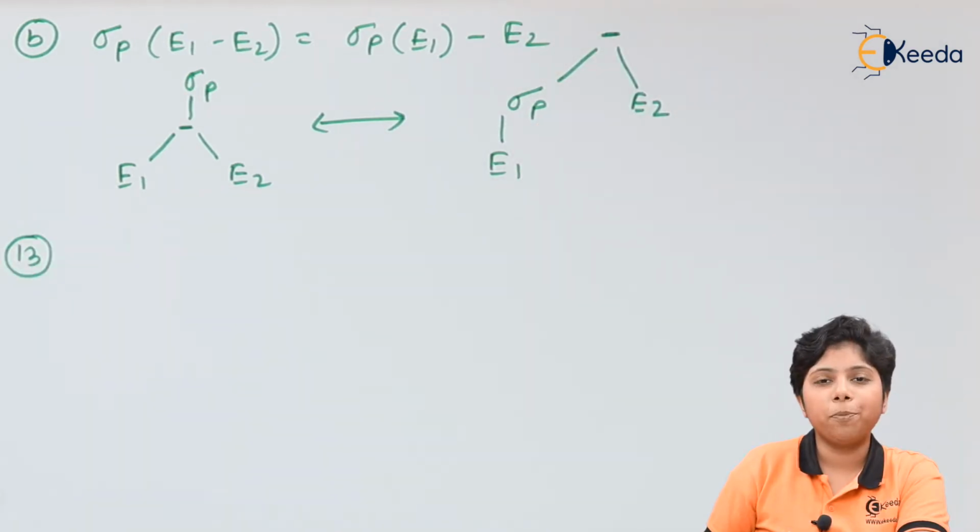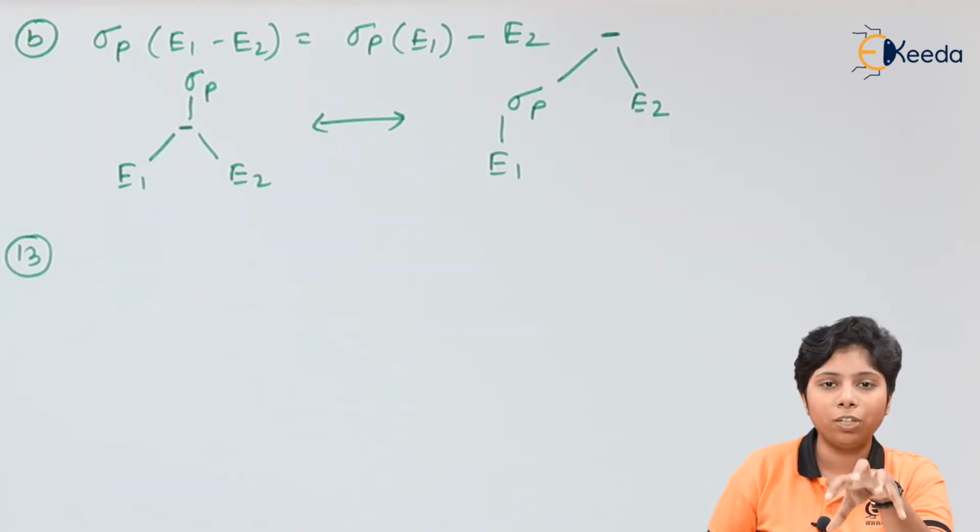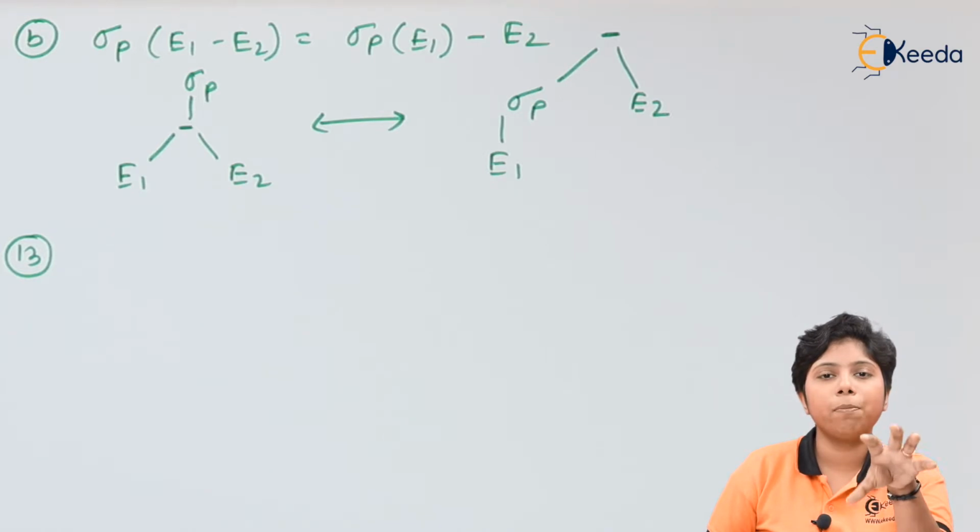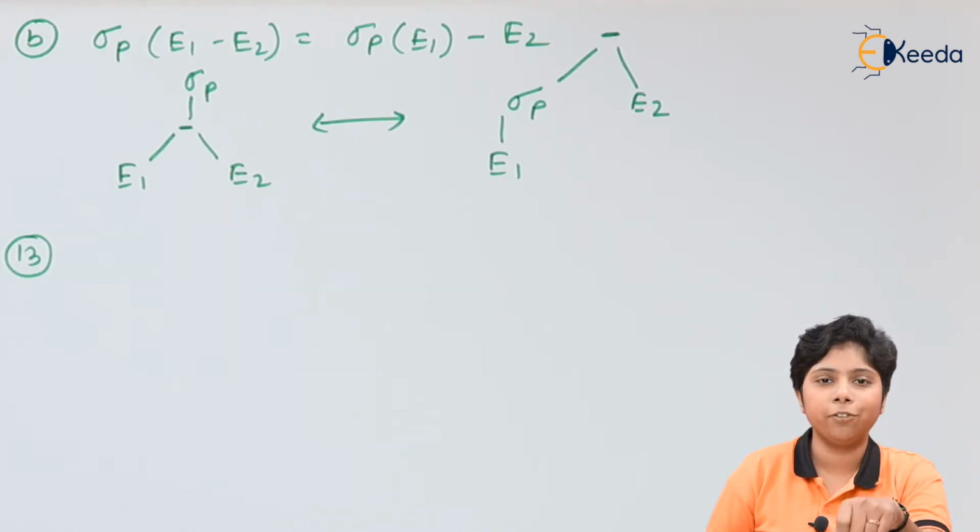Now the projection operation also distributes over the union operation. That means if we project something on the union of E1 and E2, it will be the same as projecting E1, projecting E2, and then taking the union.